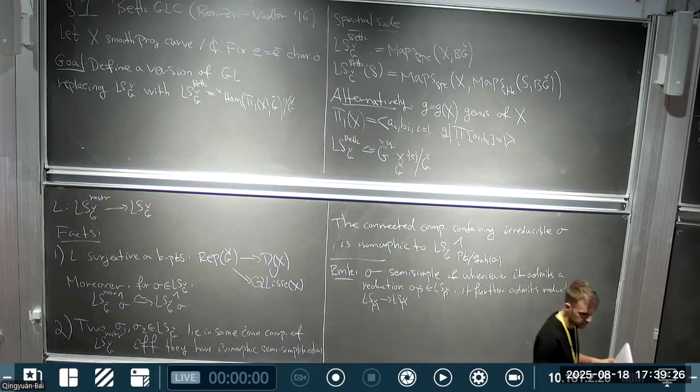Whenever you reduce it to a parabolic, it further reduces to a Levi. That's the definition of a semi-simple one.